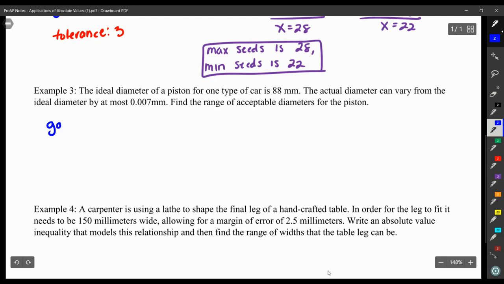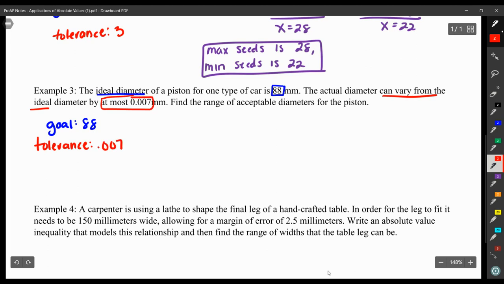Again, I need my goal and I need my tolerance. The ideal diameter, that's your goal, is 88 millimeters. So my goal is 88. The tolerance is how much it can vary. I can vary from the ideal by at most 0.007. Now, it says find the range of the acceptable diameters.